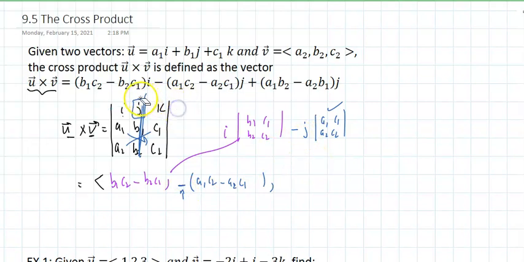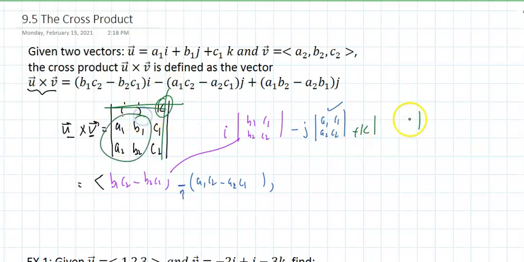And now I go back. And if I want the k component, wouldn't you say that's k times, cross k's row and column? You're left with a1, b1, a2, b2, or simply say, well, the k component will be the product of those, a1, b2, minus a2, b1.